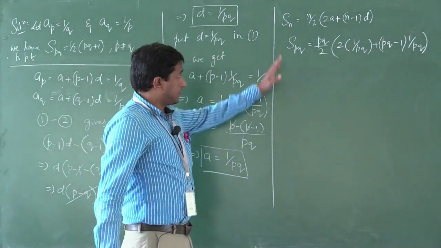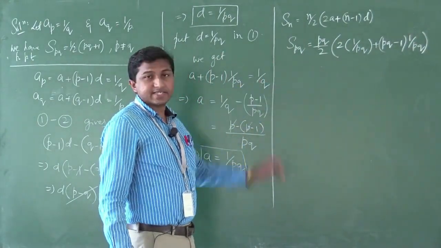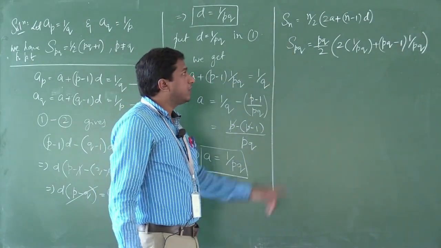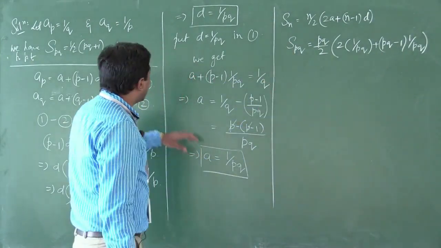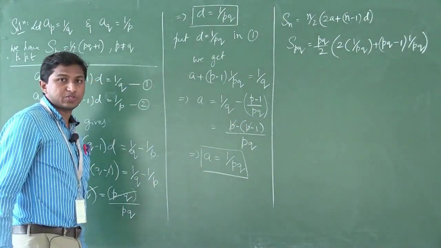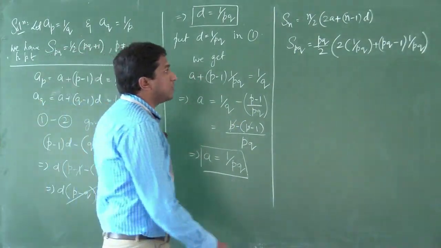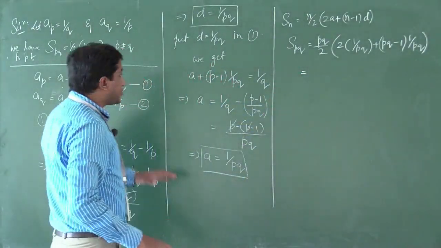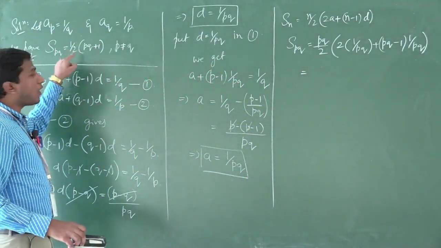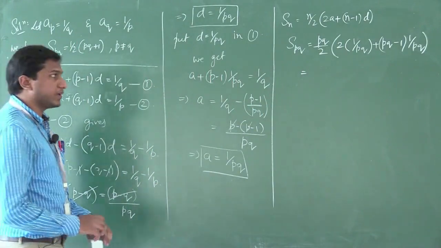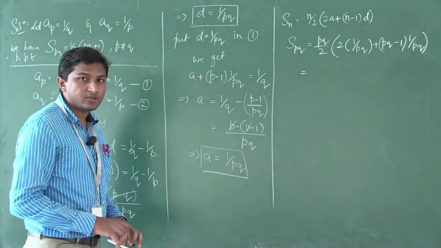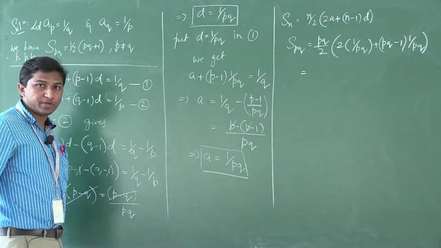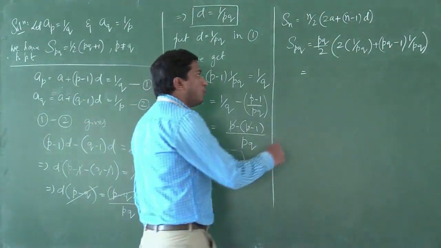So we have used the formula of Sn and substituted pq in the place of n, and 1 by pq in the place of a and d. We will simplify the RHS and try to get 1 by 2 into pq plus 1. So that is what we are trying to prove, S_pq equals 1 by 2 into pq plus 1.